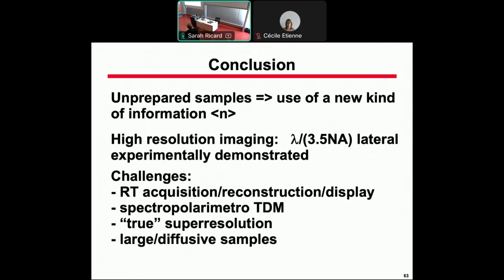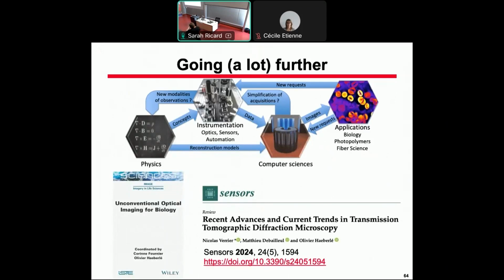And what I hope was properly presented is this. In fact, if you want to make progress in the domain, you have to combine everything. From physics, you design instruments. These instruments are unconventional imaging. They do not deliver images, they deliver data. You have computer codes to reconstruct images.